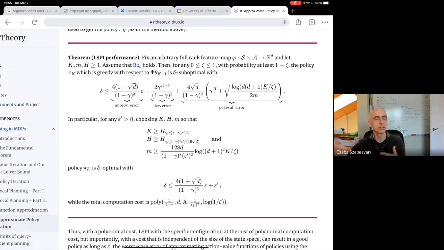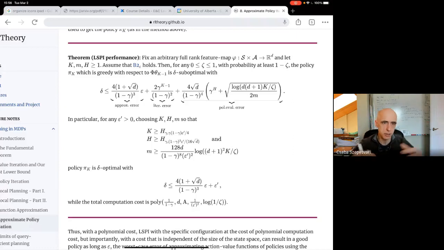So there is this algorithm that you can run, which mimics policy iteration, except that in every step when it comes to evaluating a policy, it uses an optimal design, which is a function of the feature map, to come up with state action pairs from where it runs a bunch of rollouts with the current policy of a certain length that you can adjust. That was h. It collects returns along these trajectories, takes averages, and solves the resulting weighted least squares problem. Weights are coming from, again, G-optimal design. This way, it creates an approximation to the action value function of the policy. And then it takes the next policy, which is greedy with respect to this.